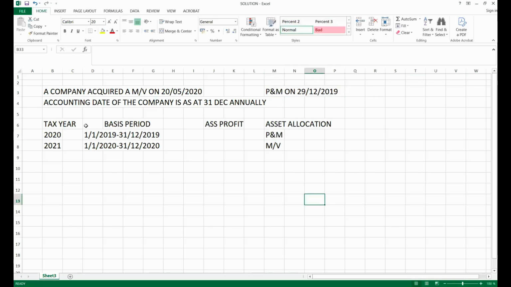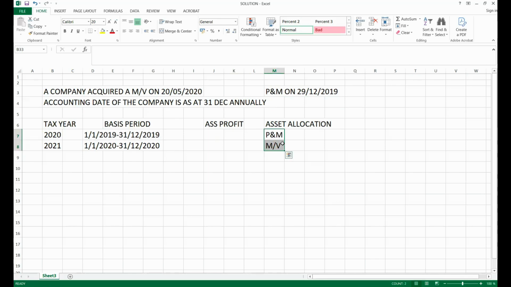So for the basis period you determine for your assessable profit, it will be utilized in your asset allocation. Take note of that.